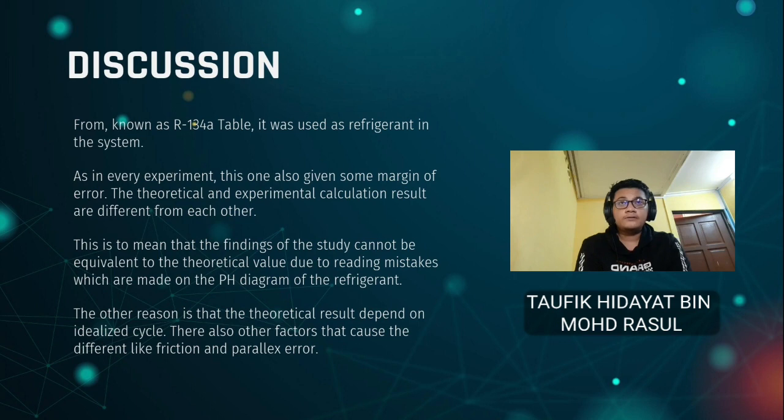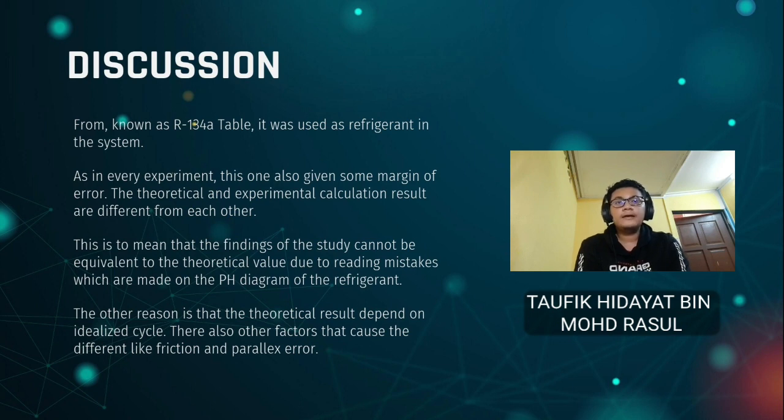Last but not least, for the discussion of the mechanical heat pump experiment, R134a, known from the table, was used as the refrigerant in the system. As in every experiment, this one also has some margin of error. The theoretical and experimental calculation results are different from each other.